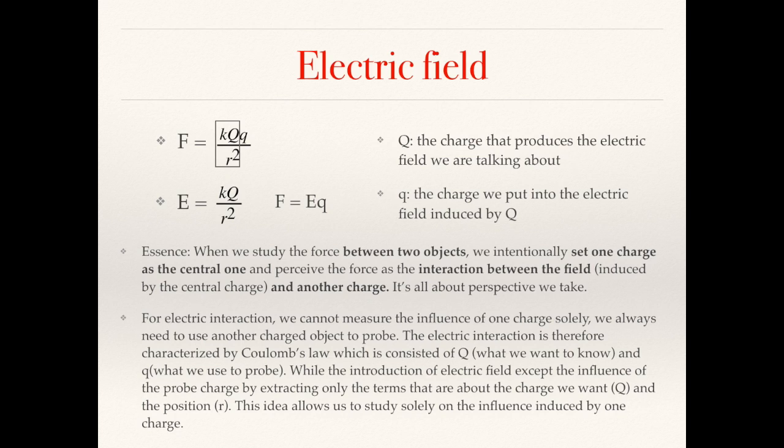Well, the introduction of the electric field excludes the influence of the probe charge by extracting only the terms that are about the charge we want, big Q, and the position from Coulomb's law. So this idea allows us to study solely the influence induced by one charge only. So that's why we invented the electric field.